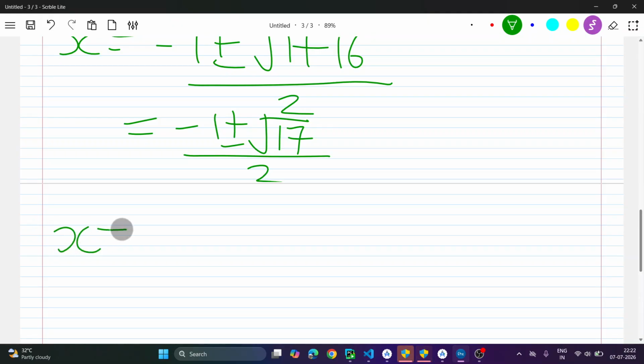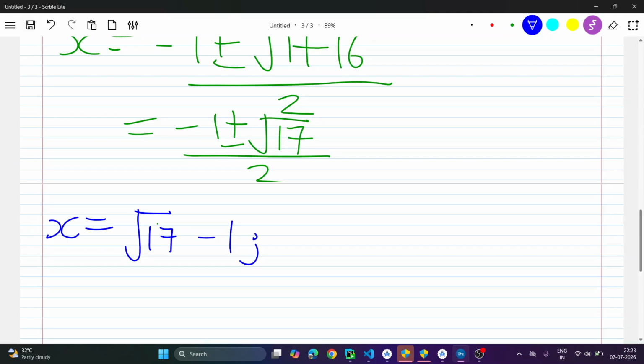I'll write it in blue this time. So x equals the square root of 17 minus 1, and minus the square root of 17 plus 1, each over 2.